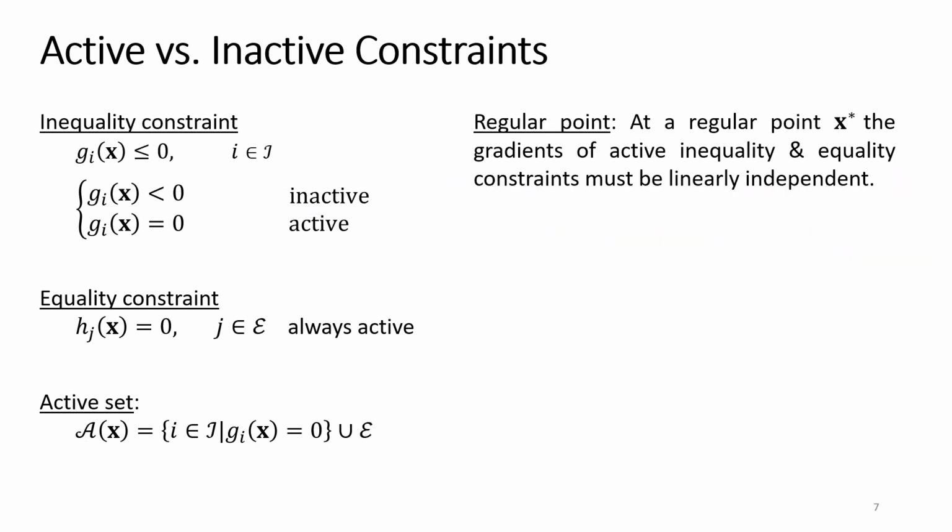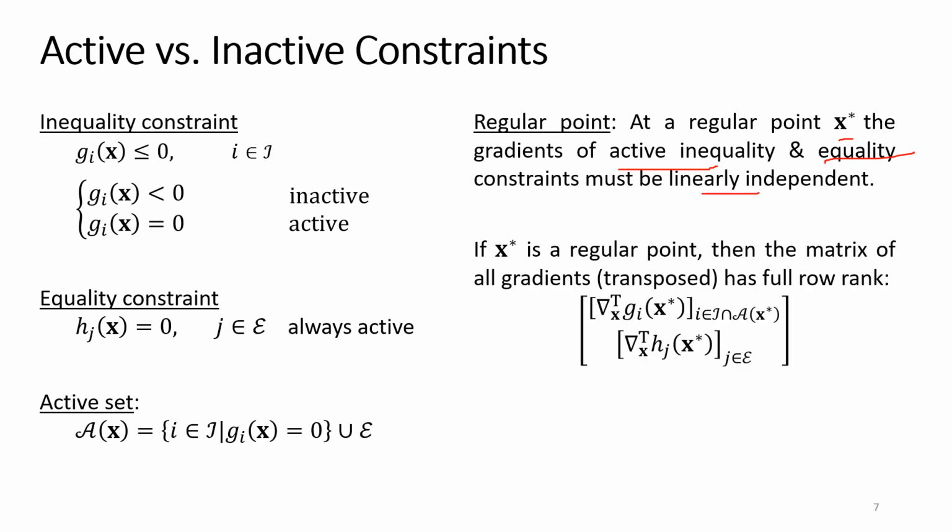Now let's define what a regular point is. At any regular point x star, the gradients of the active inequality constraints and the equality constraints must be linearly independent. In other words, if x star is a regular point, then the matrix of all gradients transposed has full row rank. The rows of this composite matrix are the transposed gradients of the constraint functions g_i and h_j.